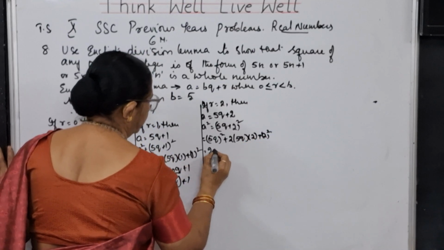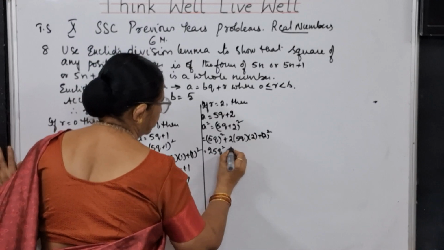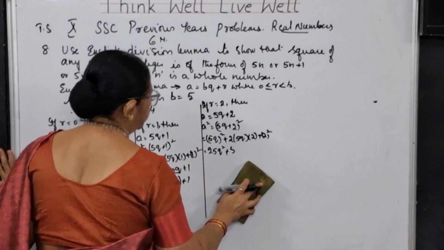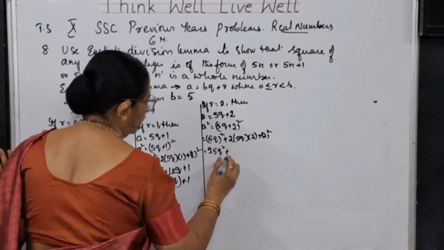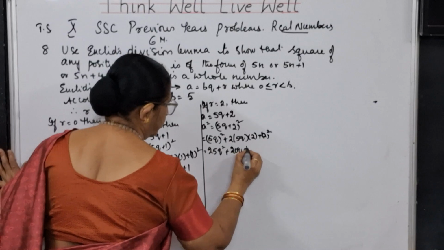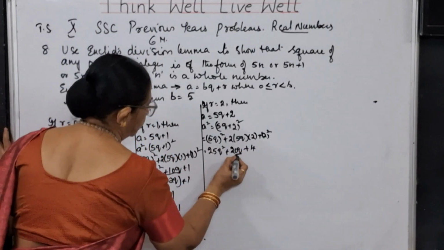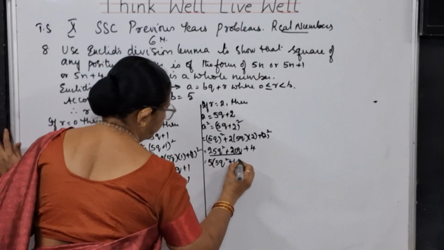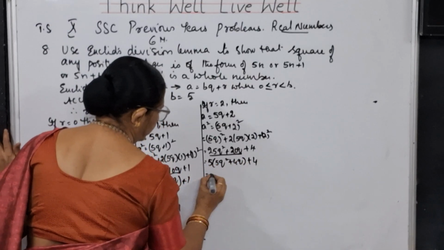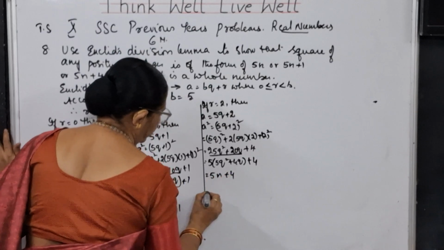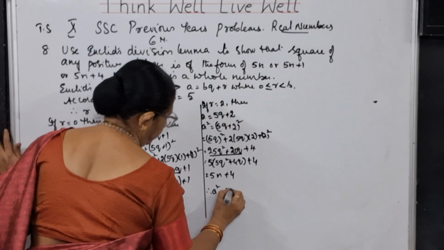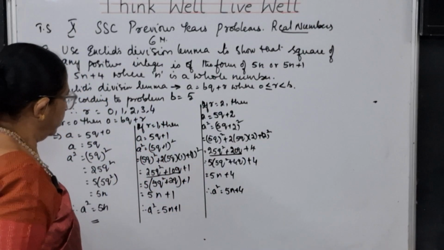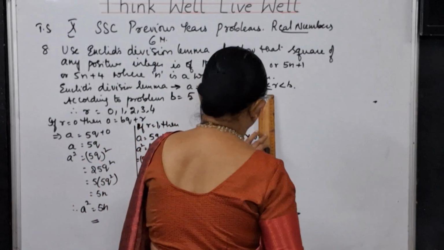That is 25Q square plus 2 2s are 4, 4 5s are 20, 20Q plus 4. In these two you can take 5 as common: 5 into 5Q square plus 4Q, plus 4. That is equal to 5n plus 4. Therefore, A square is equal to 5n plus 4. You have got it if R is equal to 2.